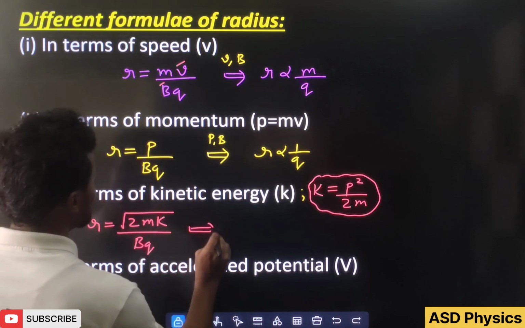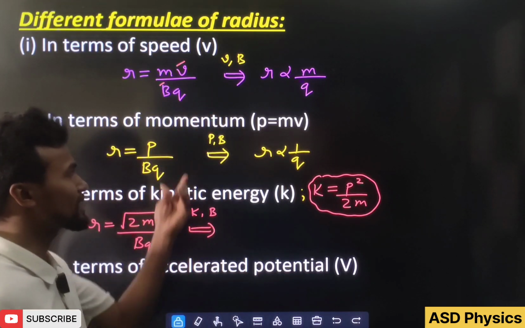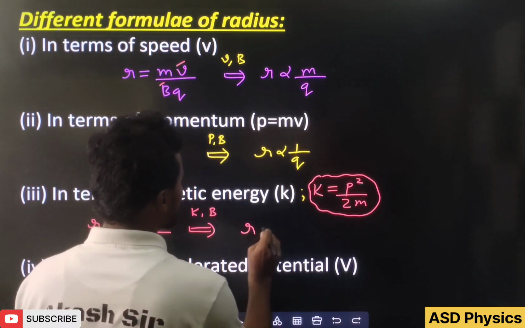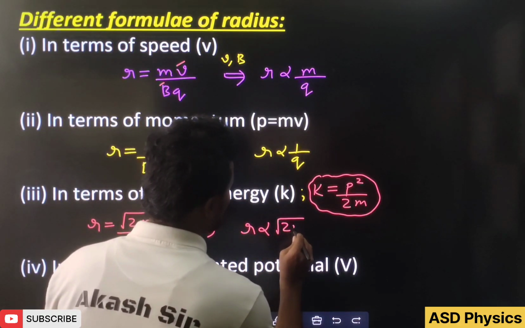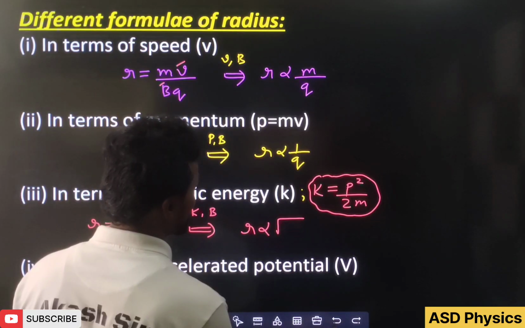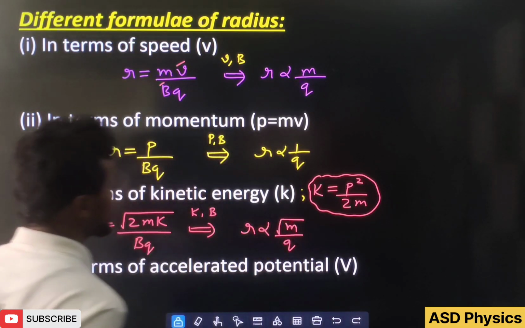And if the kinetic energy and the magnetic field are constant, because the magnetic field is uniform anyhow, then R is directly proportional to root 2m by q. Actually 2 is also constant, so we can write just root m by q. Is it?